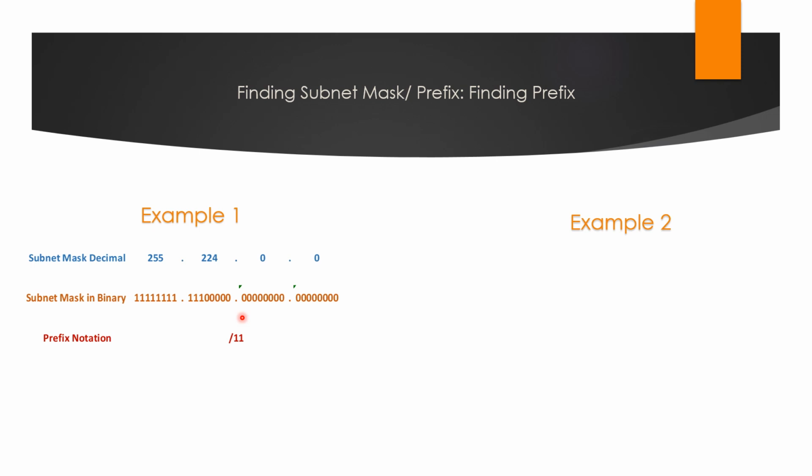Let's see another example, and here we will have the subnet mask in decimal format as 255.255.190.0, and by converting that to the binary format, we will have this subnet mask, and then by counting the bit 1s in the subnet mask from the left to the right, we will be able to find the prefix notation as /18.